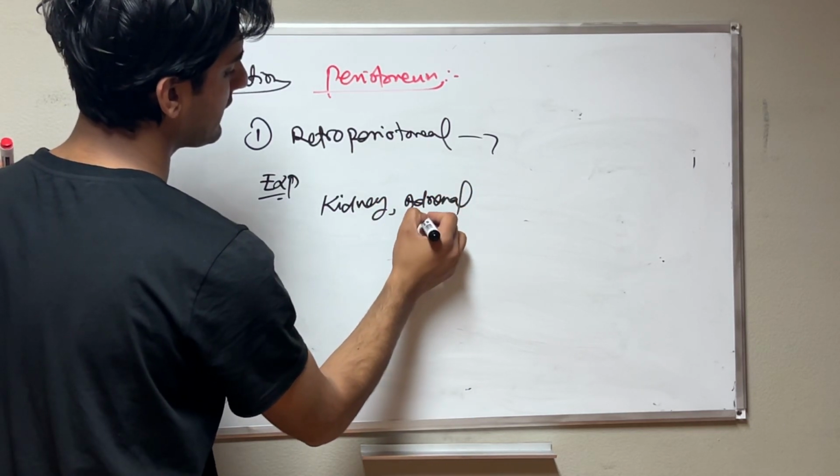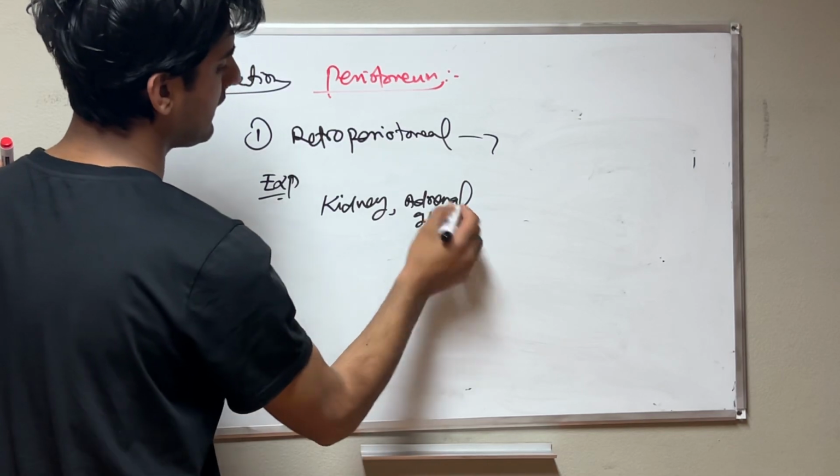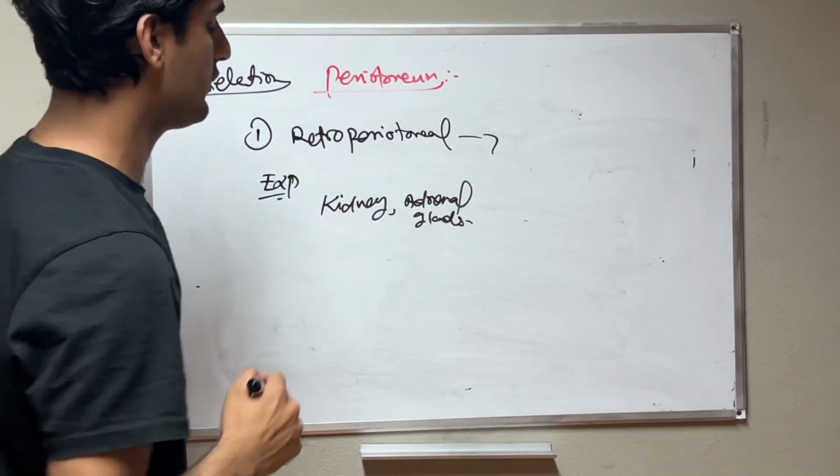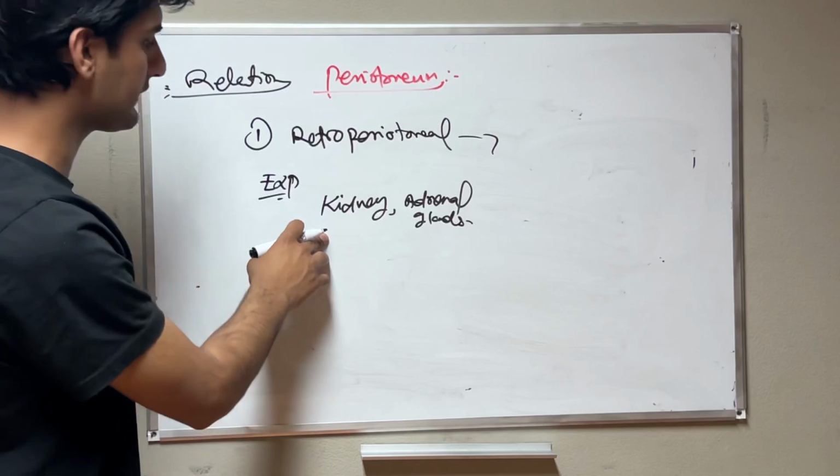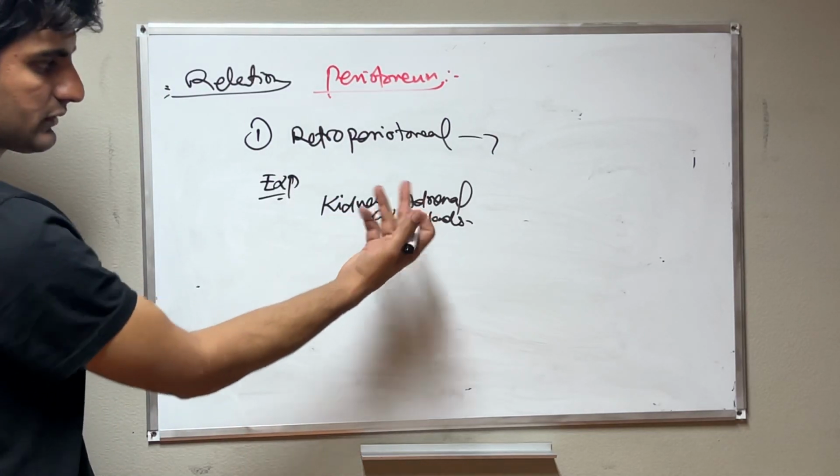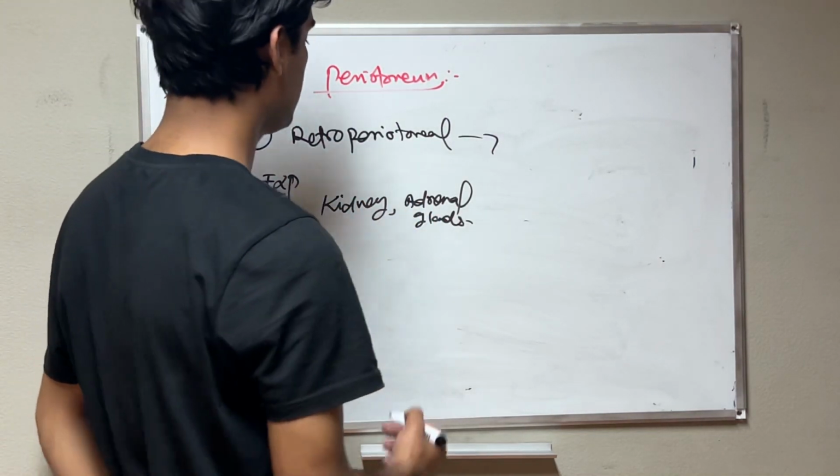Of course, the adrenal gland is located on the upper pole of the kidney. If the kidney is covered retroperitoneally, of course the adrenal gland is also retroperitoneal.